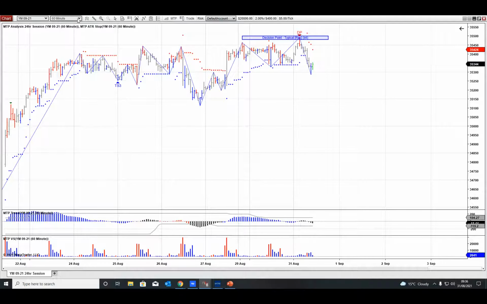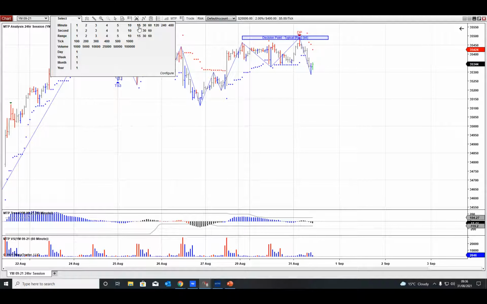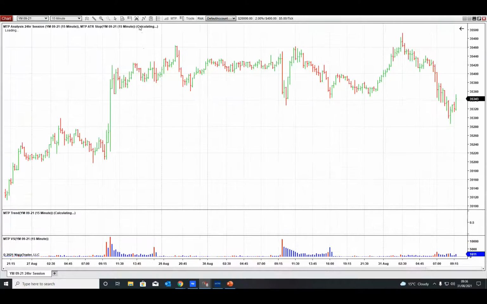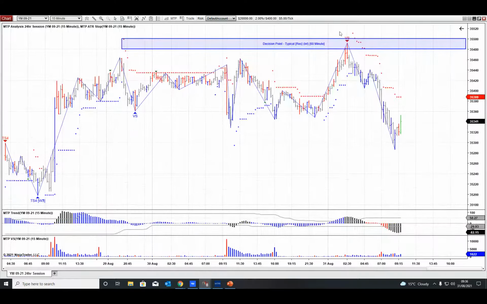If the picture becomes clear, we then look on the shorter time frame for trade setups either at the projected reversal level, as in this YM example, or after the projected support level. Remember that was the support level there, wasn't it? After the level, confirming that with our MTP trend, then looking to trade in the direction of that new trend.